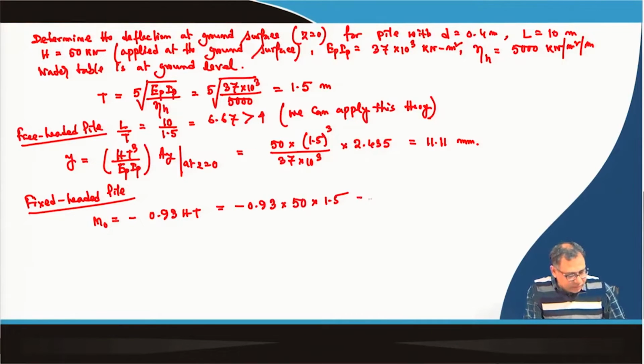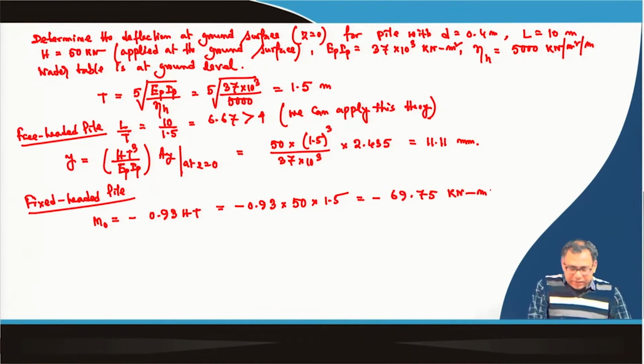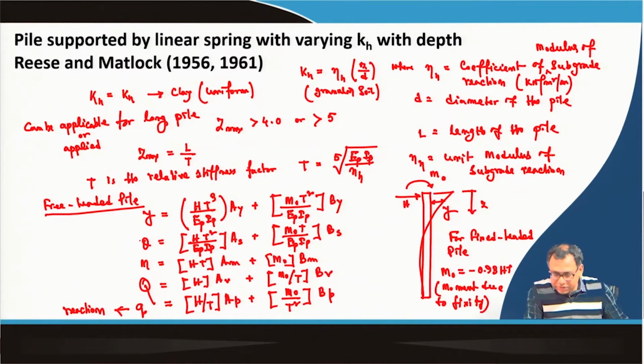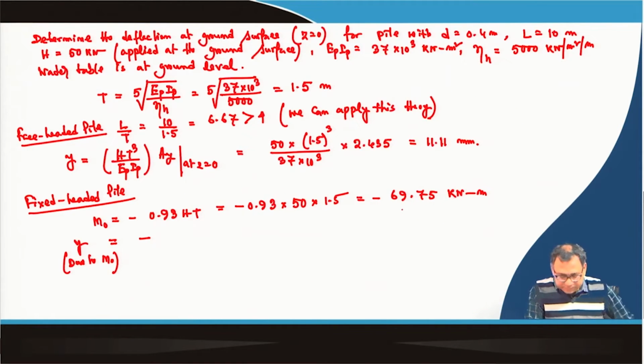So, this is equal to minus 69.75 kilonewton meter. So, deflection due to this moment, now you will take the contribution due to the moment, and that we are putting as a minus sign, because now moment is minus.